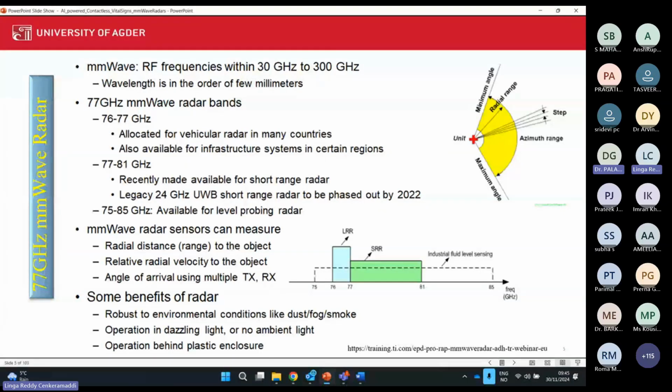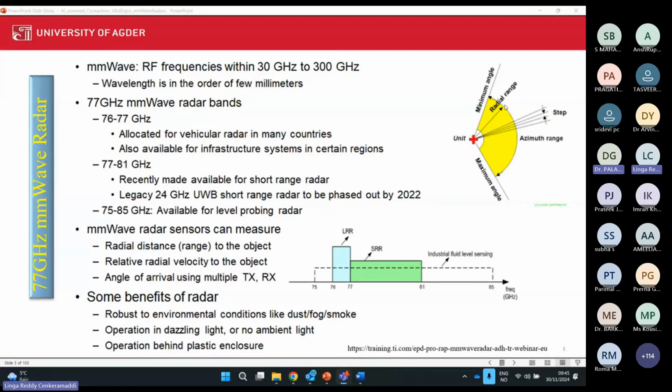On the other hand, the fundamental limitation is if these 10 objects or 10 targets are radially located. For example, here it is shown the radial range. It is the shortest distance between the, if this plus sign is the radar, then if target is located here, then it is the radial range, the shortest path between the radar and the object. So that's the radial range.